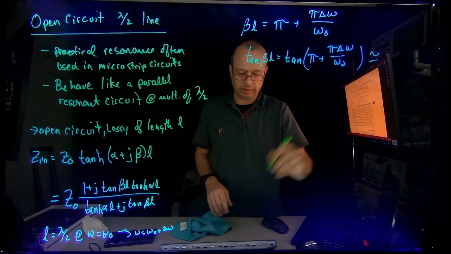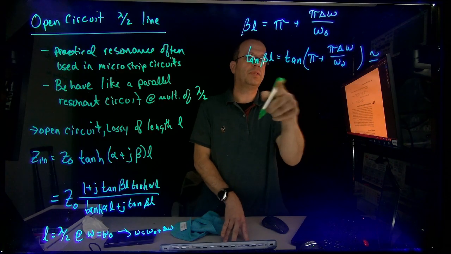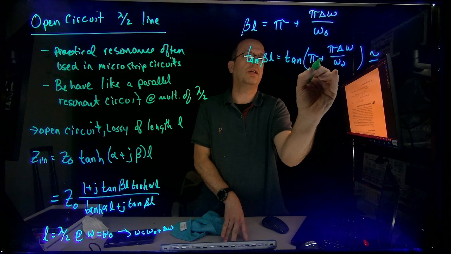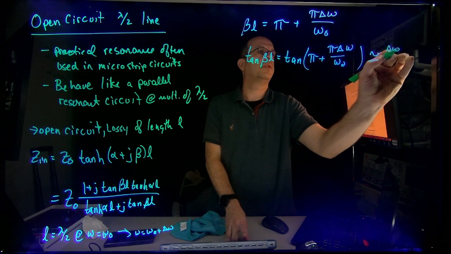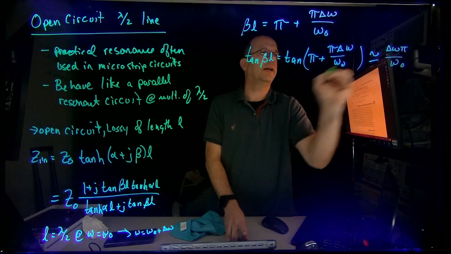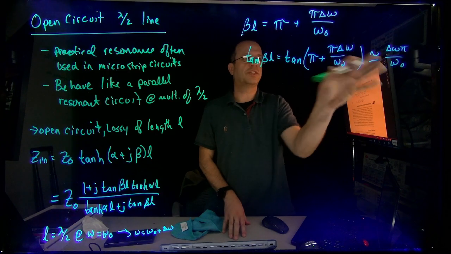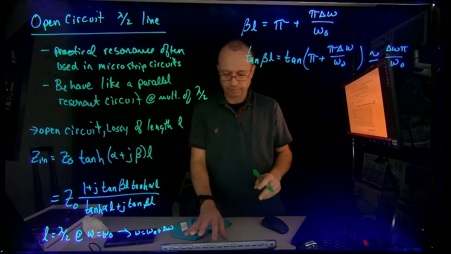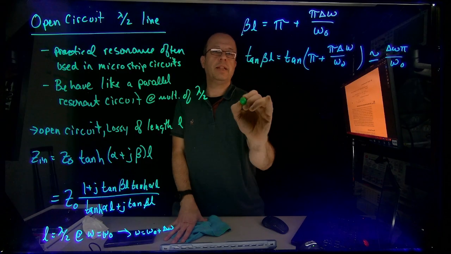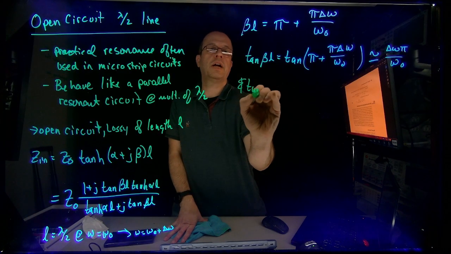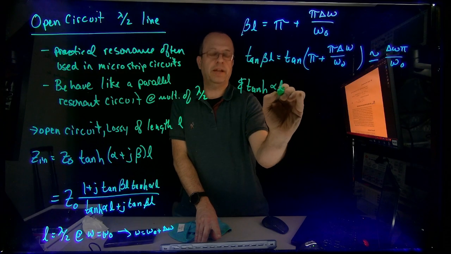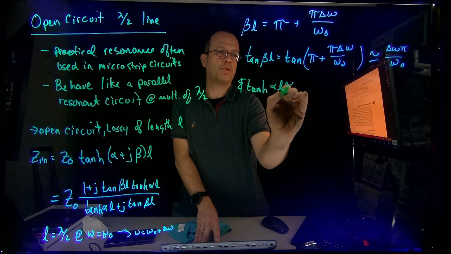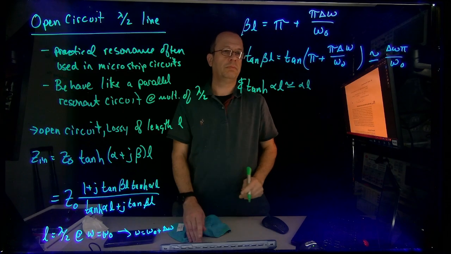This is approximately equal to, skipping a few steps in between, just delta omega pi over omega naught. I just skipped the extra steps that were in there. And our hyperbolic tangent of alpha L is approximately equal to alpha L.